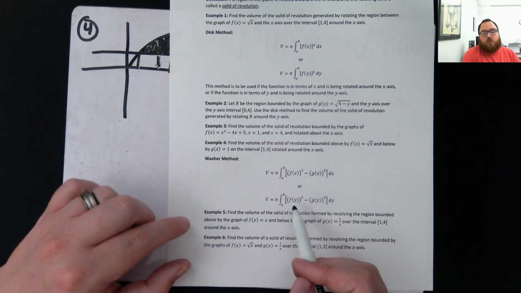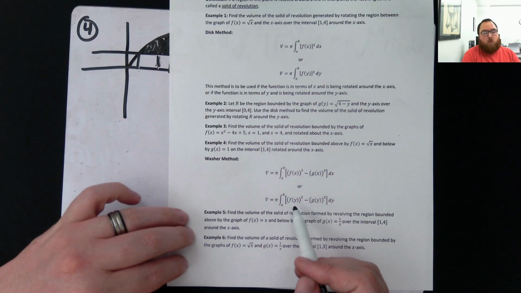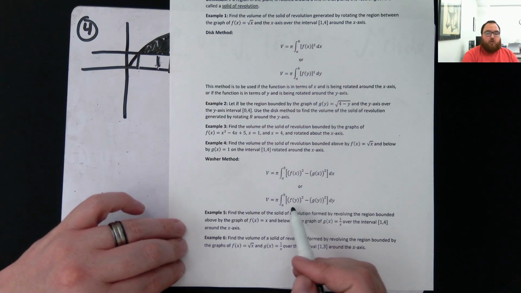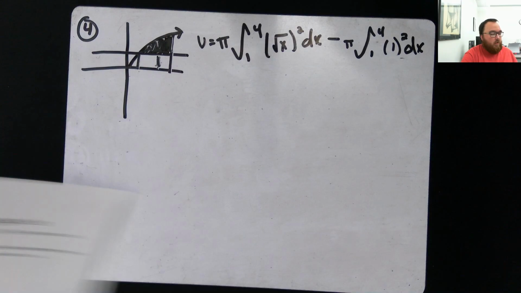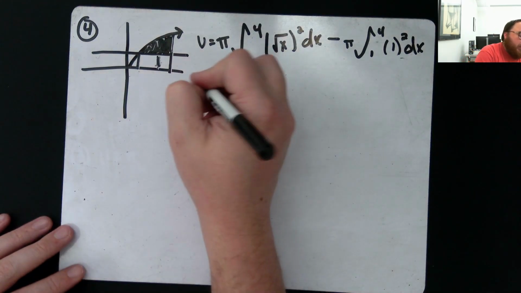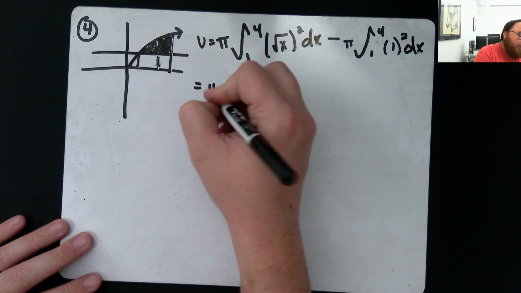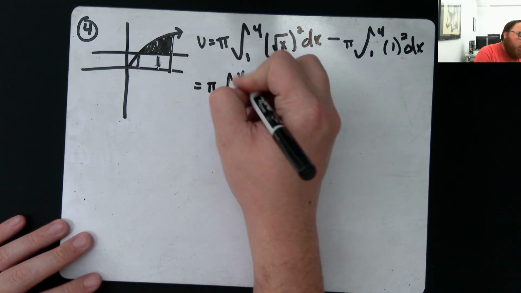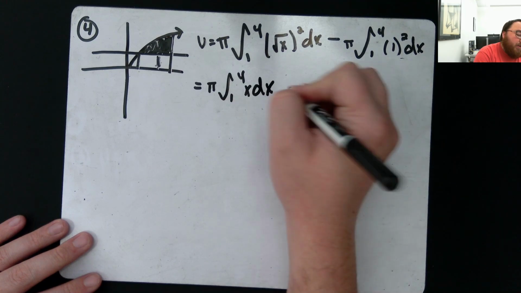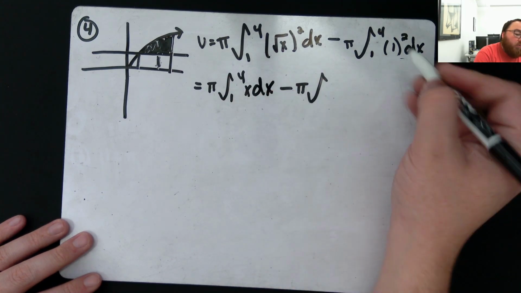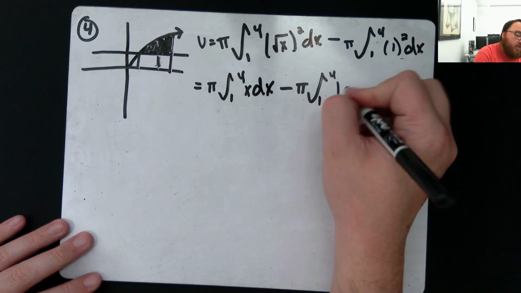Same thing here, if it's in terms of y, do the same thing. So let's work this out. Square root of x squared is just x, so this is pi integral 1 to 4 of just x dx minus pi integral of 1 squared, which is just 1.